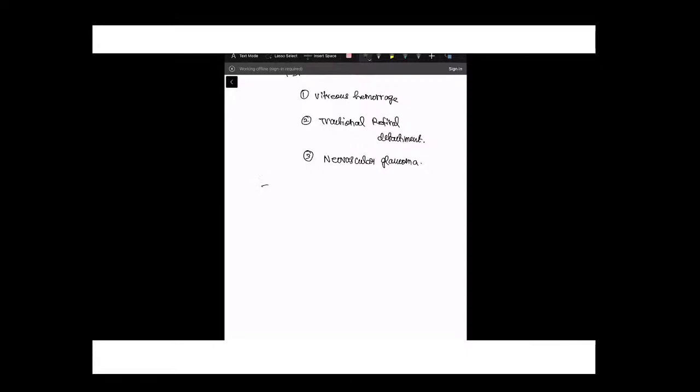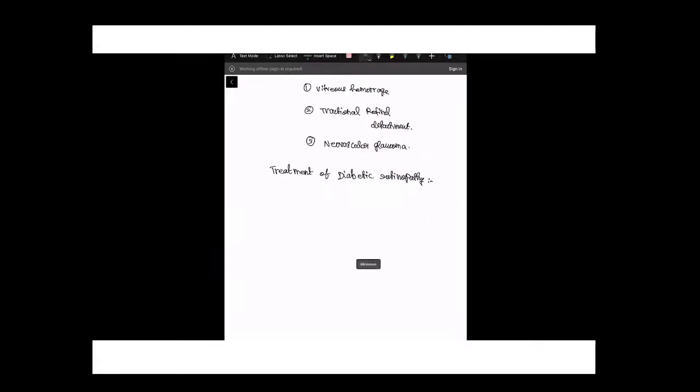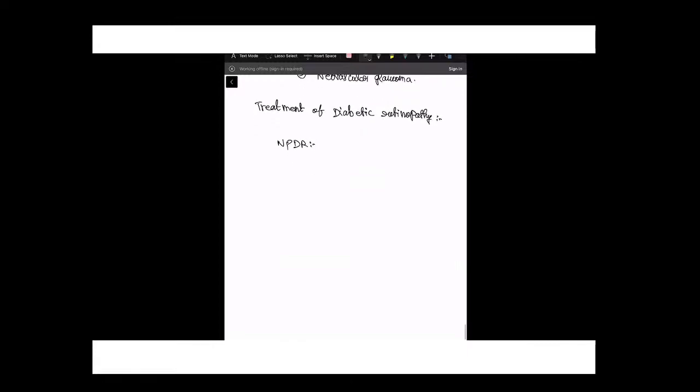Coming to the treatment. Treatment of diabetic retinopathy. In case of non-proliferative diabetic retinopathy, we should treat the macular edema by laser photocoagulation.